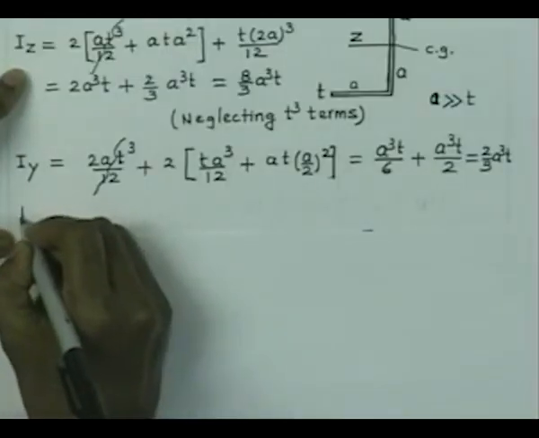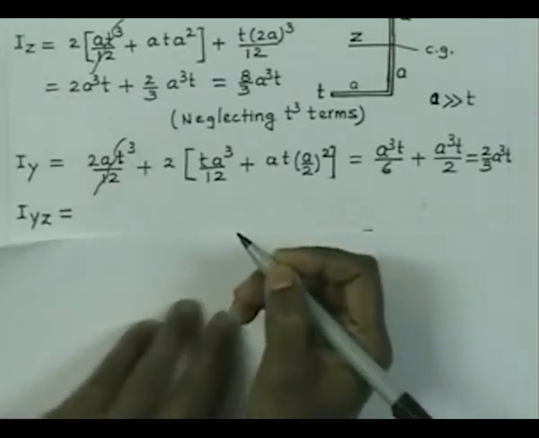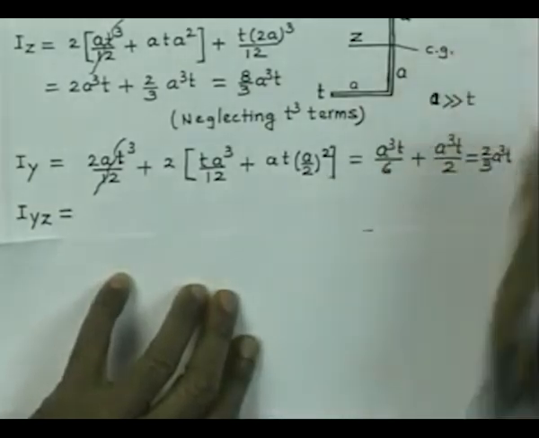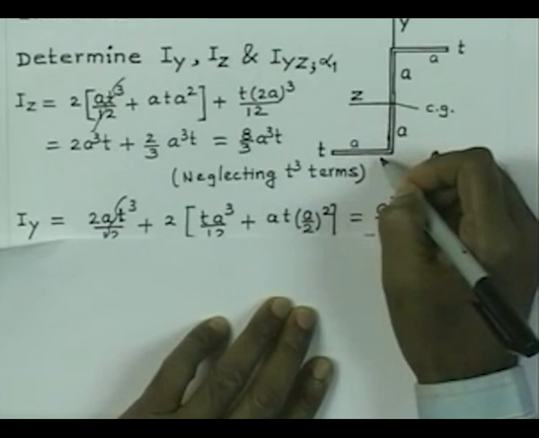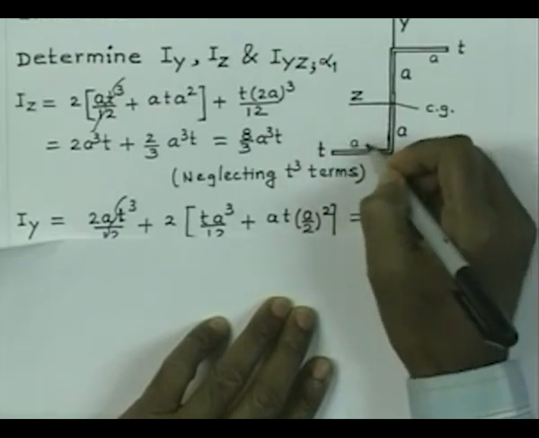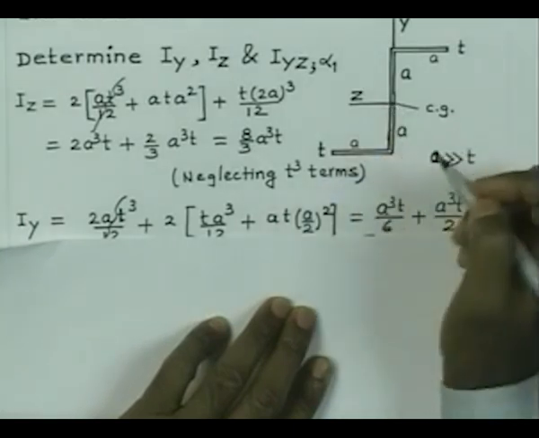Now, let us try to look into the product moment of inertia. That is something probably you may not be very familiar with. So, let us consider now I y z. Now, as usual we will go for considering the three segments. So, the product moment of inertia for this section can be gotten by considering again this segment, and we can take the area of this segment and multiply by the C g coordinates of this segment with respect to the origin.